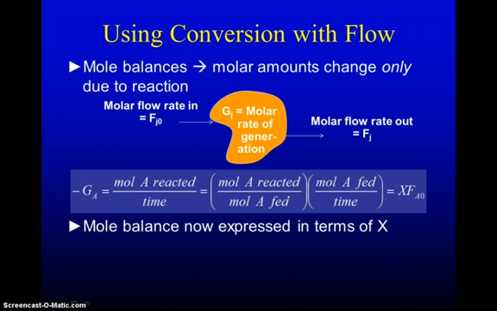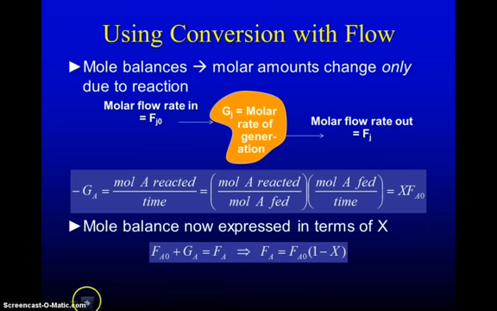And by definition, the first term is the conversion, and the second term is the initial flow rate of A into the reactor. So when we use this relationship, we can rewrite our mole balance as Fa naught plus the rate of generation being equal to Fa. So Fa, the flow rate of A, is equal to Fa naught times 1 minus x. It's very similar to the number of moles expression in terms of conversion.